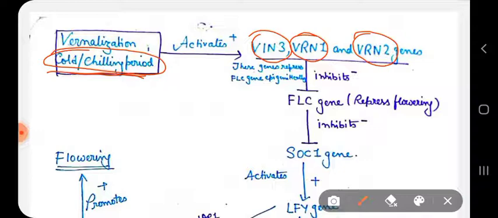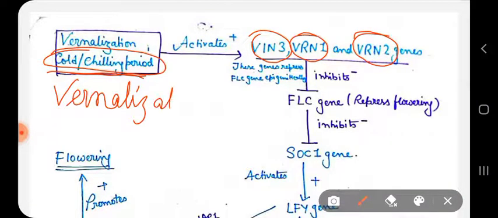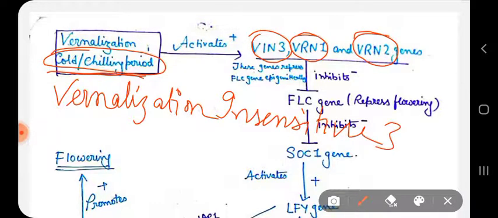VIN3 full form is vernalization insensitive 3, the name of this gene.